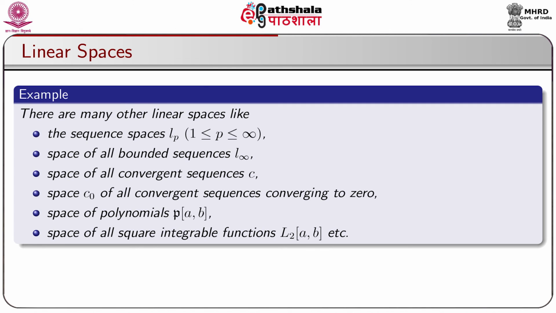So, there are other examples like the sequence spaces lp, 1 ≤ p ≤ infinity, the space of all bounded sequences l infinity, and the space of all convergent sequences c. That means if we take an element x belonging to c, that is x = (xi1, xi2, ..., xin, ...), where xin converges to an element, then we say this is an element of c.